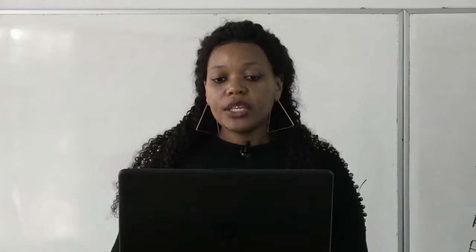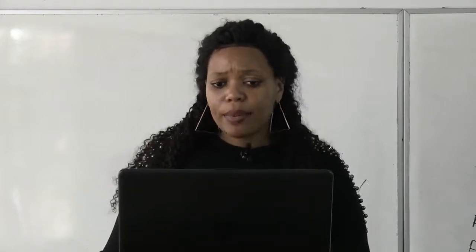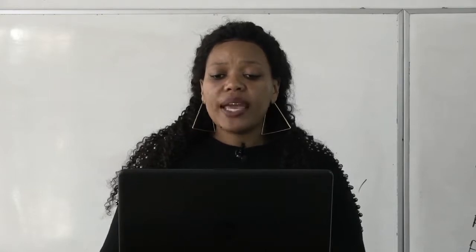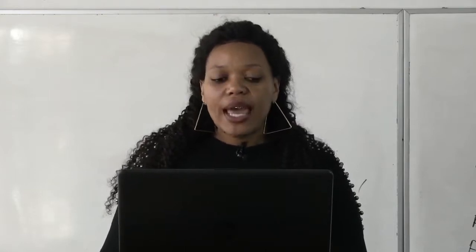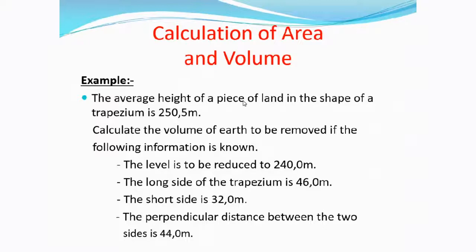Let us go to this example where we'll be required to calculate the area as well as the volume. This is an example of the exam questions. The average height of a piece of land in the shape of the trapezium is 250,5 meters. Calculate the volume of earth to be removed if the following information is known.